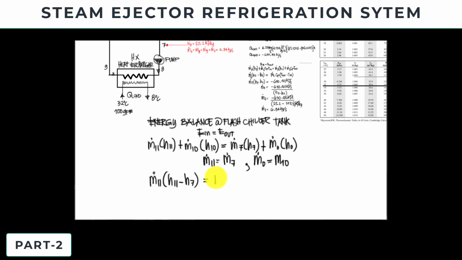And this is equal to the mass flow rate O times enthalpy O. So where your mass flow rate at O is equal to 10, we can use the mass flow rate at O, and we have minus the enthalpy 10.